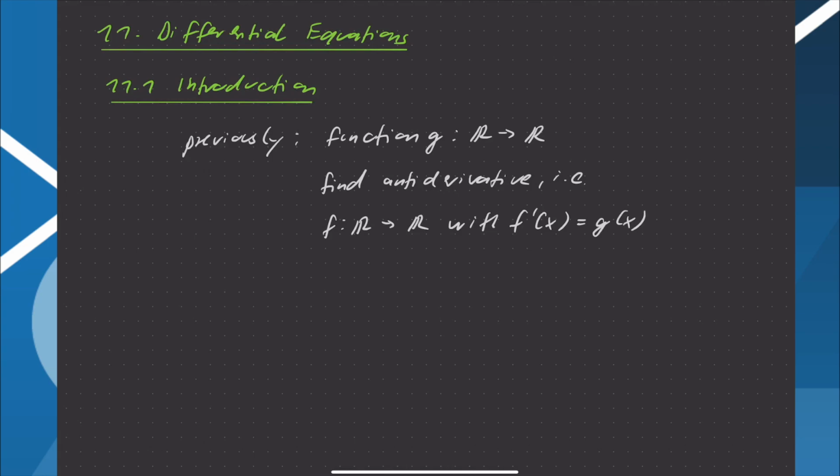So what we did was we established a relation between a given function g, and the derivative of a different function f. What we are now going to do is we're going to establish a relation between a function and its own derivatives. And that is what is called a differential equation.